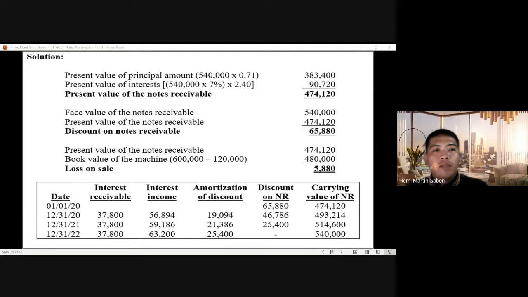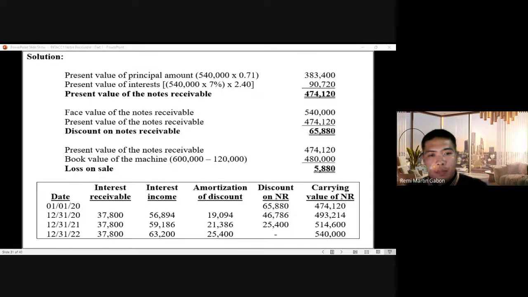Then, because we have applied present value to compute for the gain or loss on sale, we use the present value of the notes receivable instead of the face value. Book value of the machine is 480. So mas mataas yung book value kaysa sa present value of the notes. The difference is considered as a loss on sale: 5,880.